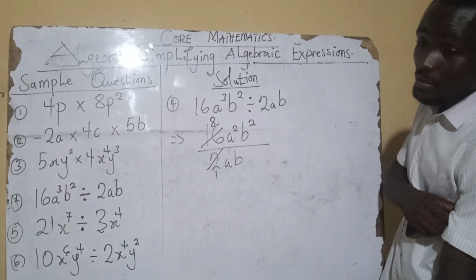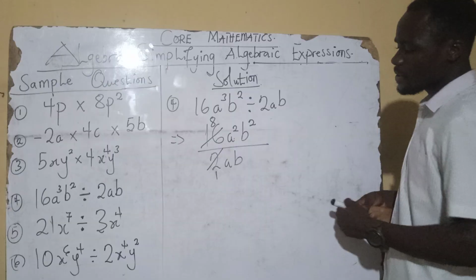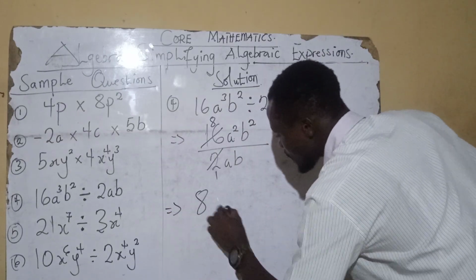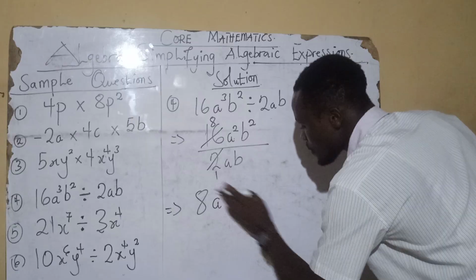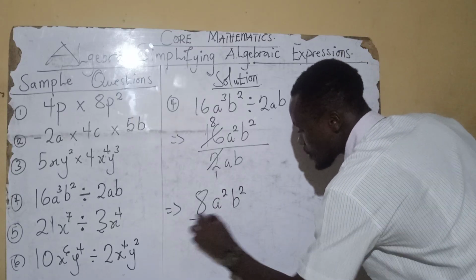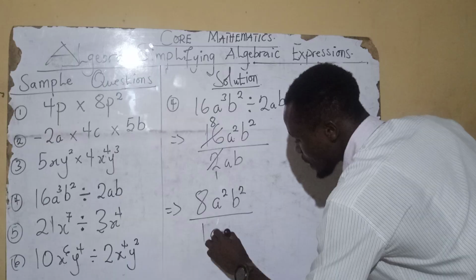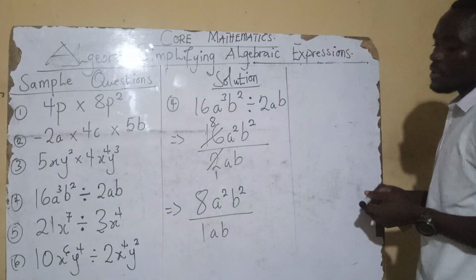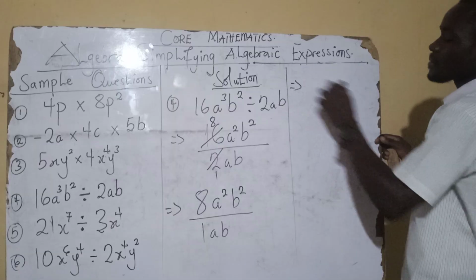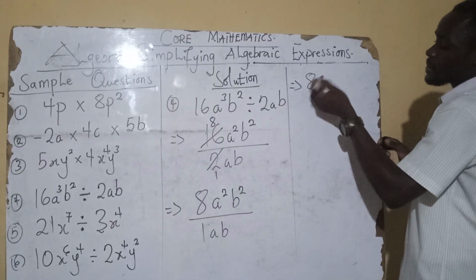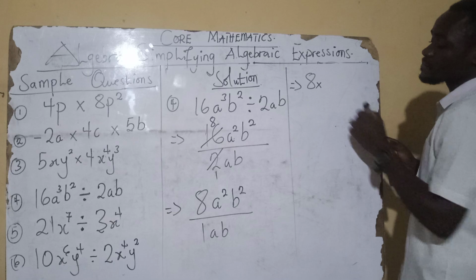So what does it mean here? Mathematically, I have 8a²b² all over 1ab. Now, do you know that this can also be rewritten as 8 multiplying?